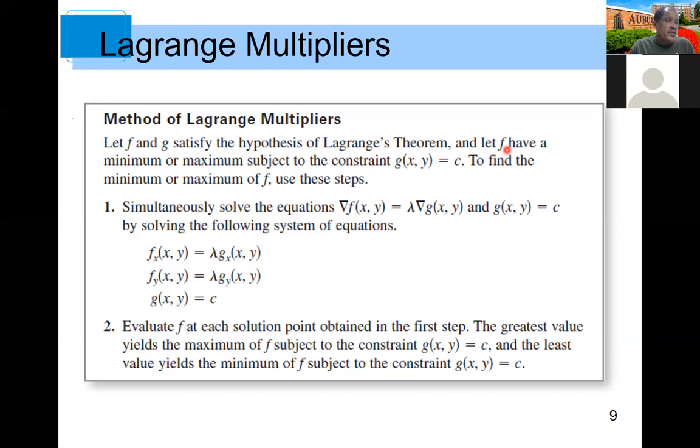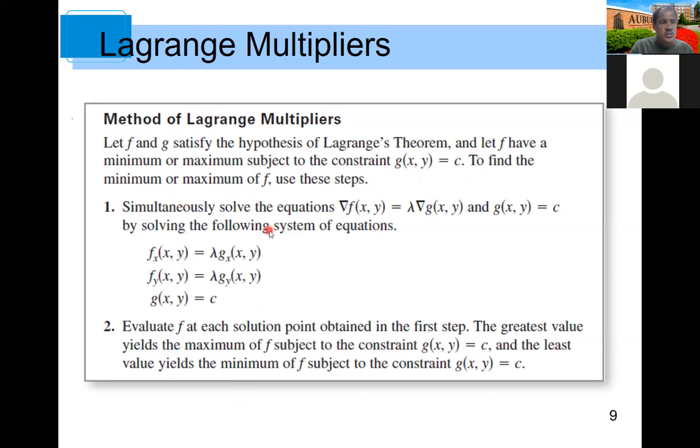So basically you are given f, and you are given the constraint. And you want to find the minimum and the maximum of f under this constraint, okay? To do that, you use these steps, 2 steps, okay?